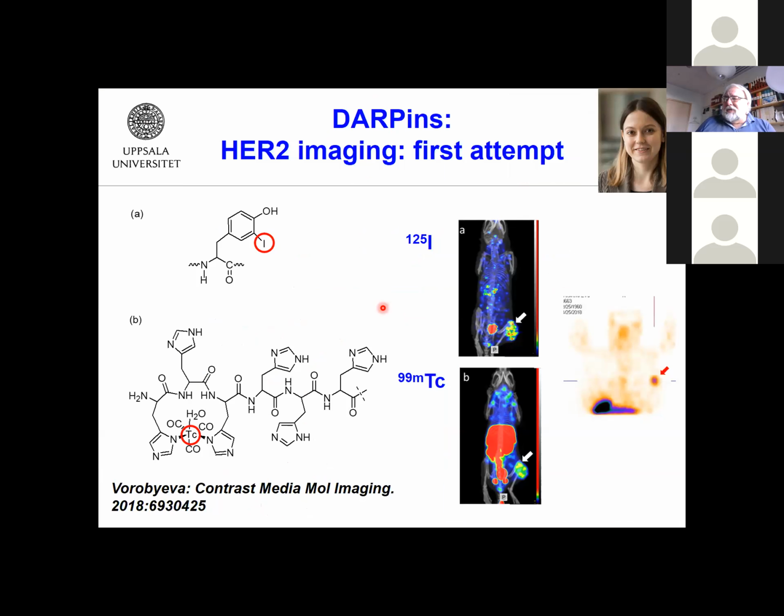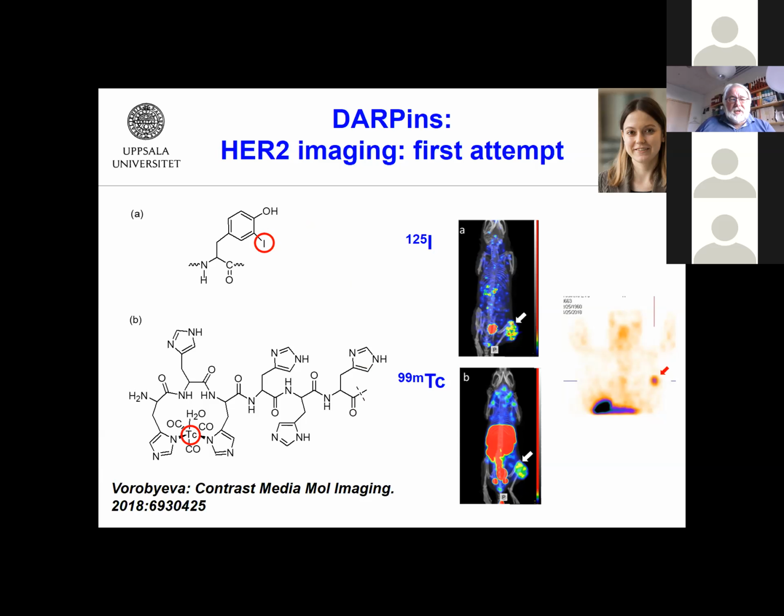Selection of nuclides in Tomsk is unfortunately a bit more restricted, and we could run only SPECT imaging. So Associate Professor Angelika Vorobyova, who holds a number of lectures, made major preclinical work in Uppsala, and we started to compare 2 labels, direct iodine or hexahistidine label.